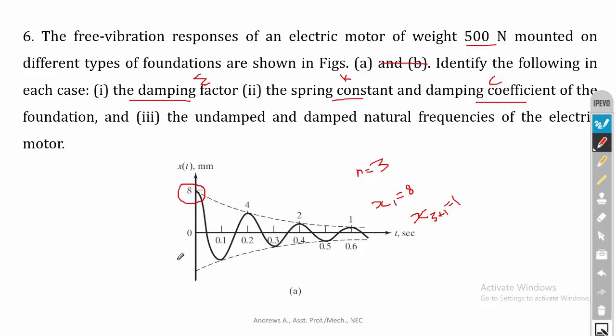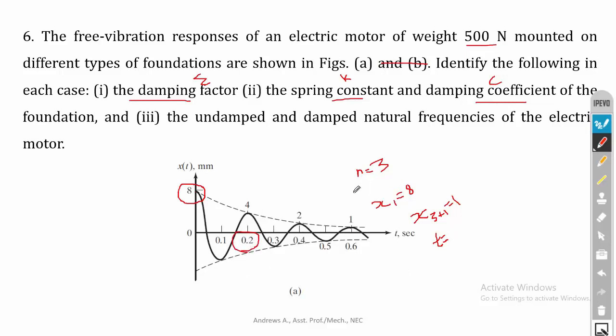Then the time. Here the time is given, so consider any one of the cycles. We can consider the first cycle, which starts at 0 seconds and ends at 0.2 seconds. So the time is 0.2 seconds.